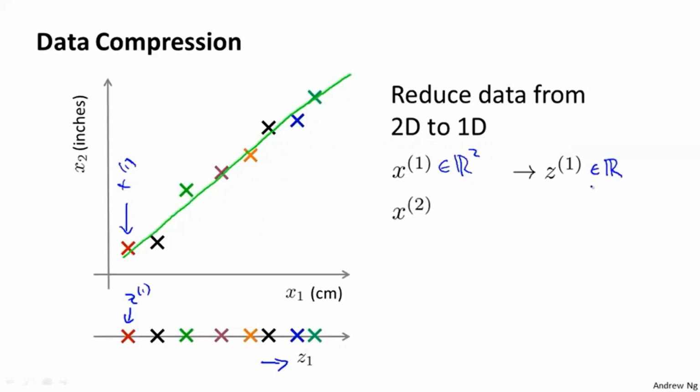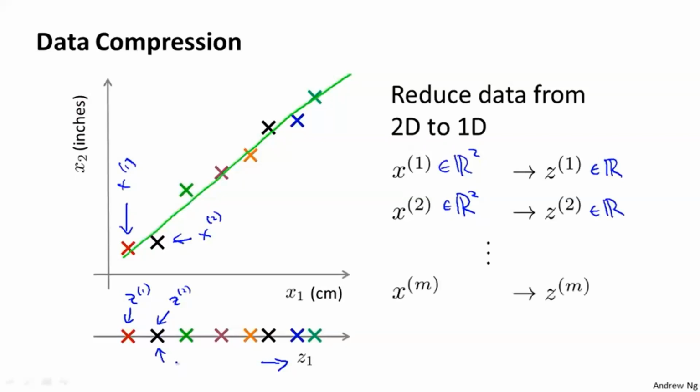And similarly, if X2 is my second example there, then previously this required 2 numbers to represent, but if I instead compute the projection of that black cross onto the line, now I need only one real number, which is Z2, to represent the location of this point on the line, and so on through my M examples.